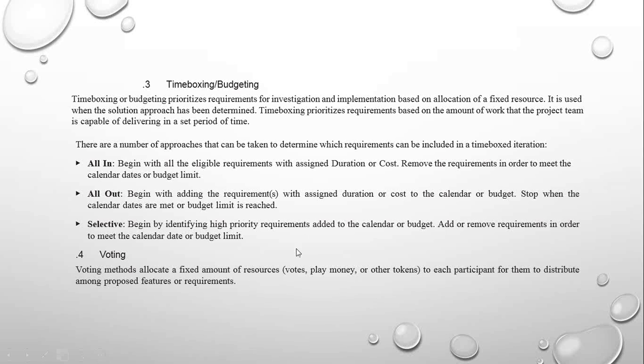When we are thinking about it, always remember, it's a fixed amount. So the catch over here is fixed amount of resources to each participant. And who will be the participants? The participants will be your stakeholders. For them to distribute among proposed features or requirements.